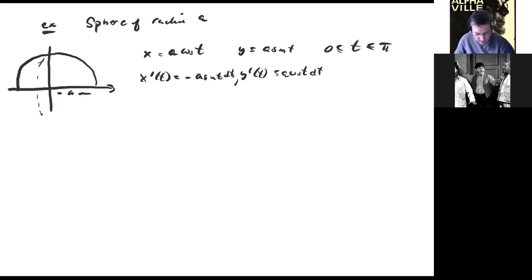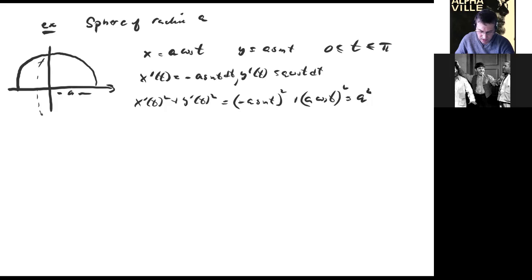So x prime of t squared plus y prime of t squared, which is what we need in that square root, is negative a sine of t quantity squared plus a cosine of t quantity squared. If you factor out the a squared, you get a squared times sine squared of t plus cosine squared of t, which is 1.